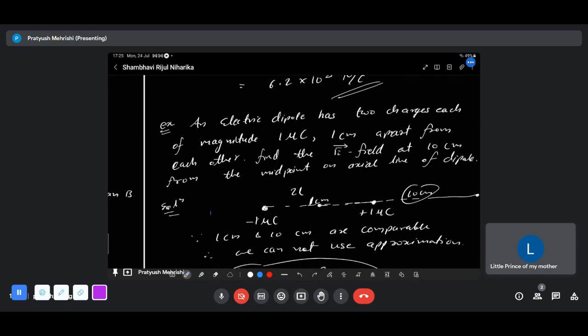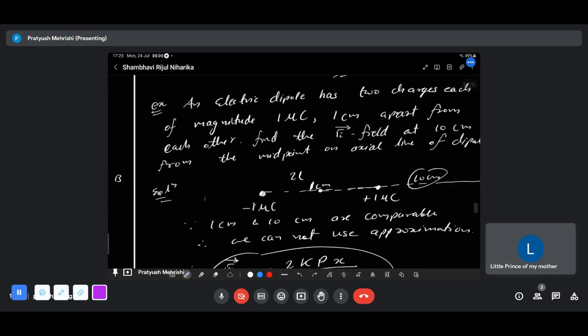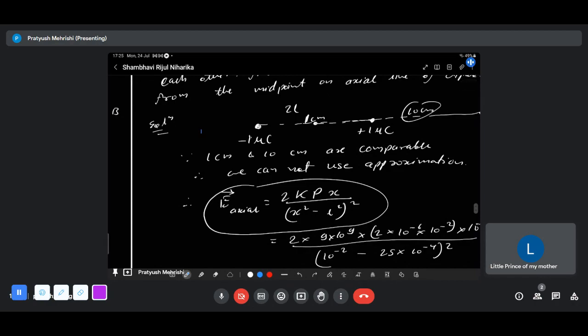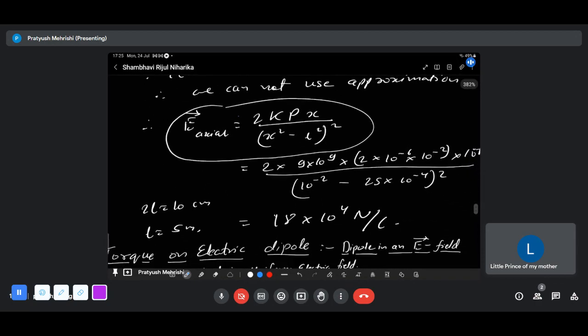Both are in centimeters, both are comparable to each other. That's why we have to use the original formula, Kpx upon (x square minus l square) whole square. Now we put the values in this, and we get 18 into 10 to the power 4 newtons per coulomb. Got it now?